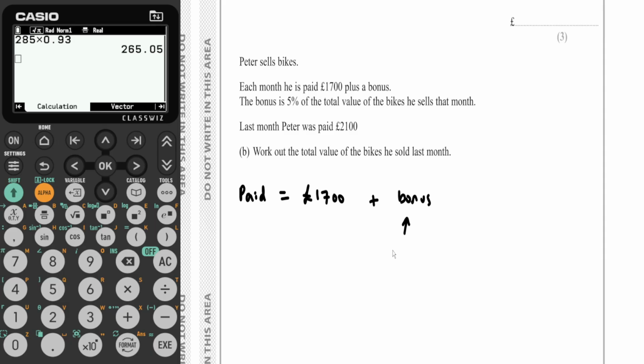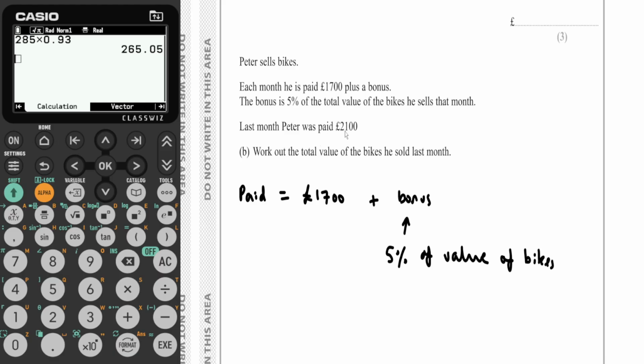Rather, the bonus is the 5% of the value of the bikes. So we calculate the bonus by working out 5% of the value of the bikes. And that's what we need to do in this question. We need to calculate the value of the bikes.